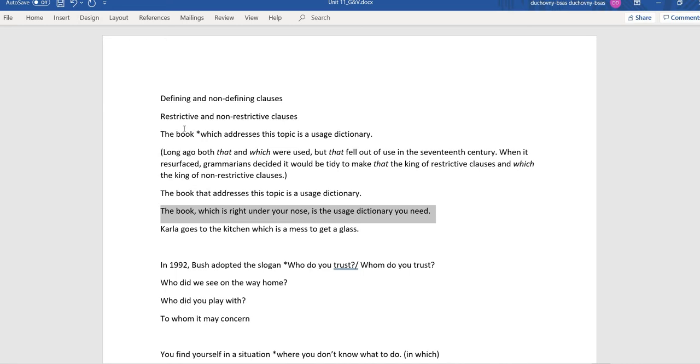What I would like to add is that I think the decision of grammarians, I mean, these grammarians in the 18th century in England made many other decisions that were frankly senseless, but this was not one of them.